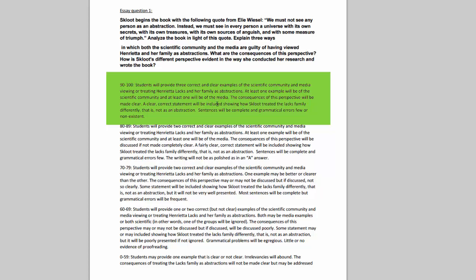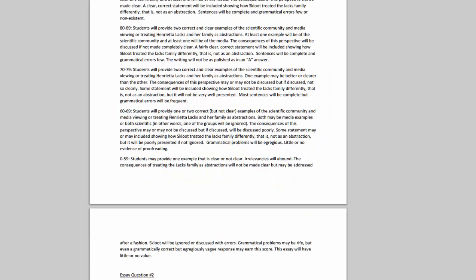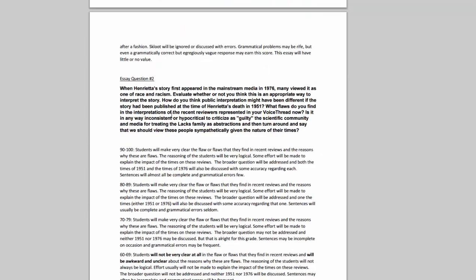A clear, correct statement will include showing how Skloot treated the Lacks family differently, that is, not as an abstraction. They will do so with complete sentences and grammatical errors that are few or non-existent. So the students know exactly what they have to do to answer this to A quality. The question is whether they will do it or not.